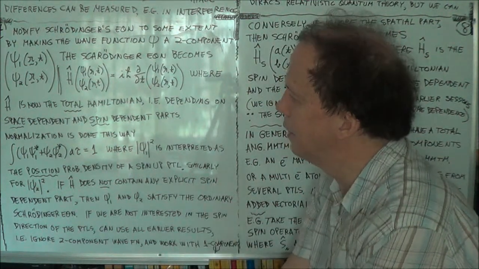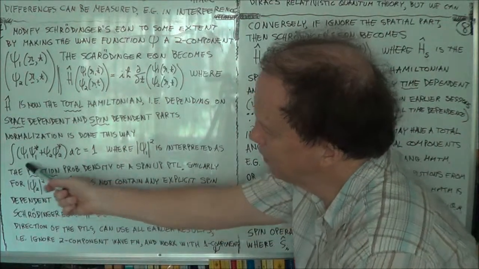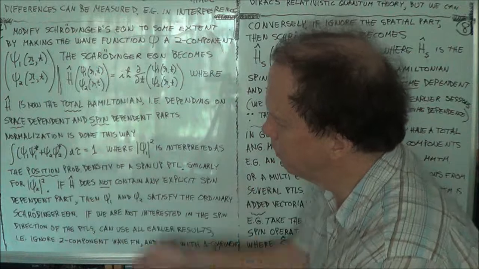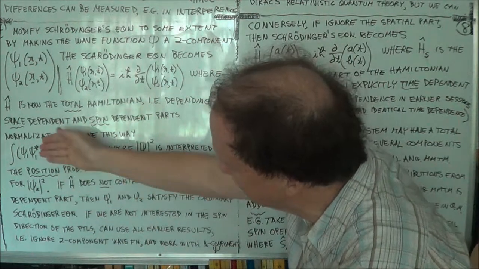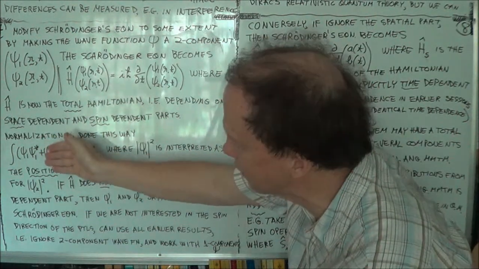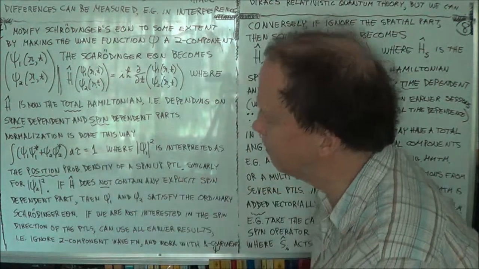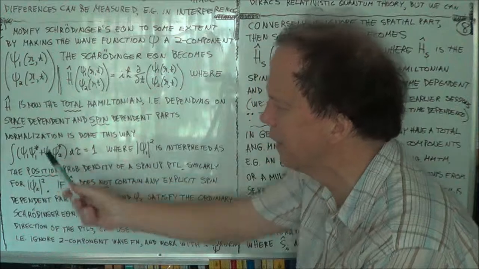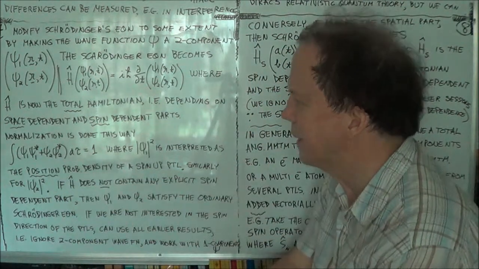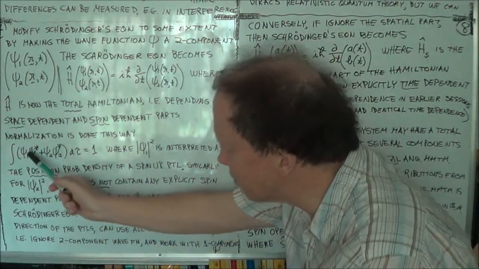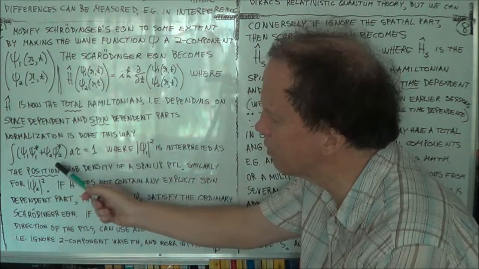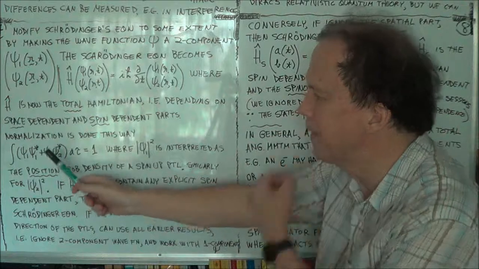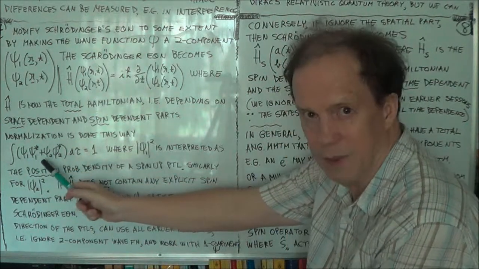Here's a fairly obvious suggestion. Before, when we had a one component wave function, we normalized by having psi star psi. Anyway, this seems a reasonable suggestion. Now we have two components. We'll add the two components squared in effect.